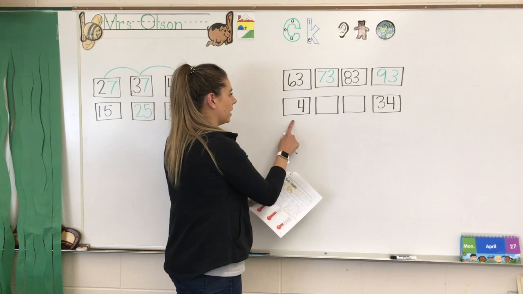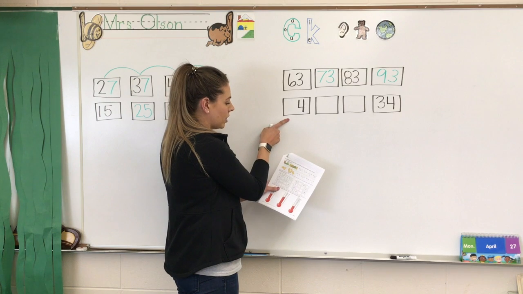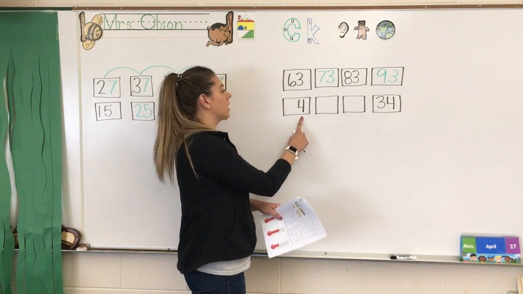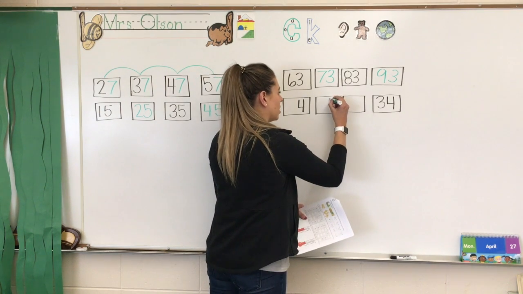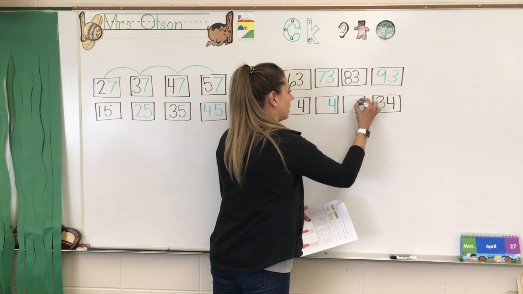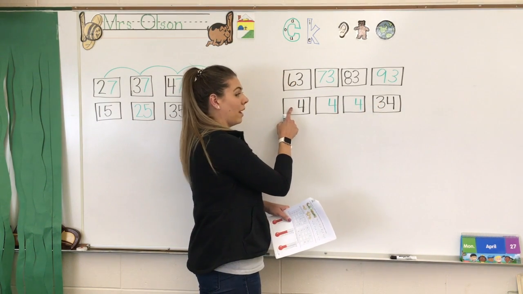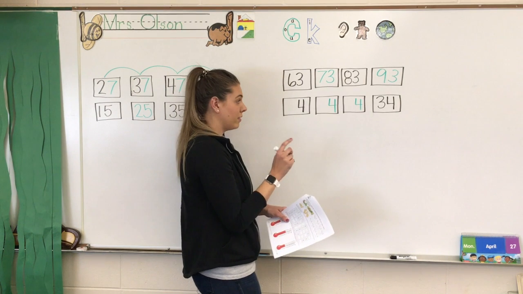Perfect, and then the next one here right under the one that we just did, they started us off with 4. And we know that the 4 is in the ones column, so we know that that's not going to change. So we can add our 4's in. And we know that there's nothing in the tens column, so that would be like a 0 in the tens column, but we don't have to write that.